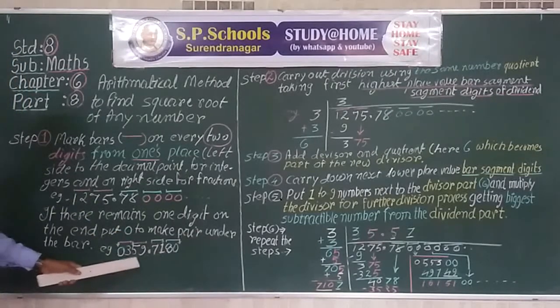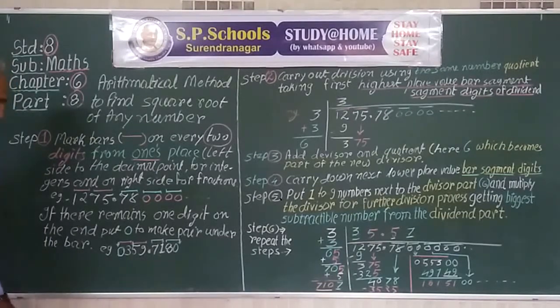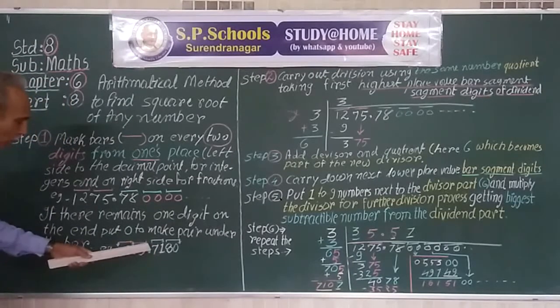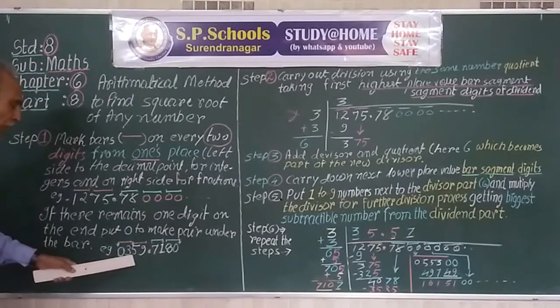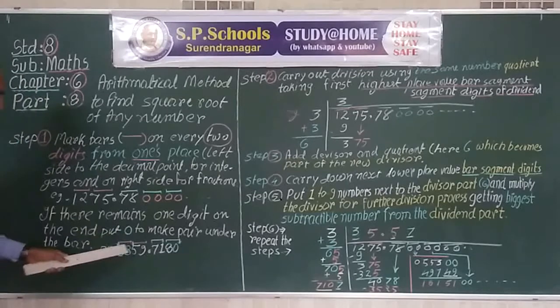Suppose you are given 359.718. Then from the decimal point, put a bar over 2 digits, that is 59. There remains 1 digit only, 3. Put 0 and make a bar, or simply a half bar.